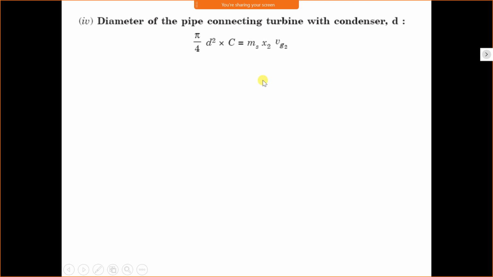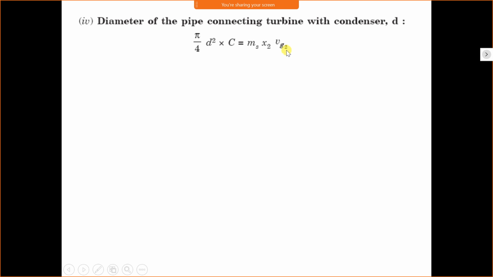Now, the diameter of the pipe connecting the turbine with the condenser, that we have to calculate. For this, velocity is given. The formula of discharge is area into velocity, and also mass flow rate into specific volume.